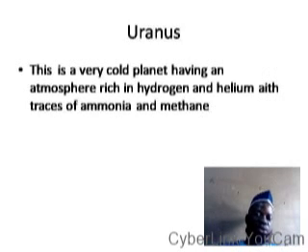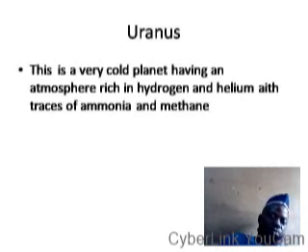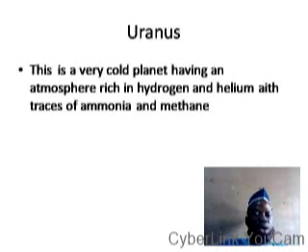We have also Uranus after Saturn. Uranus is very cold, colder than Saturn that we just discussed. It has an atmosphere of hydrogen and helium, but there are traces of ammonia and methane, like we said for Saturn.